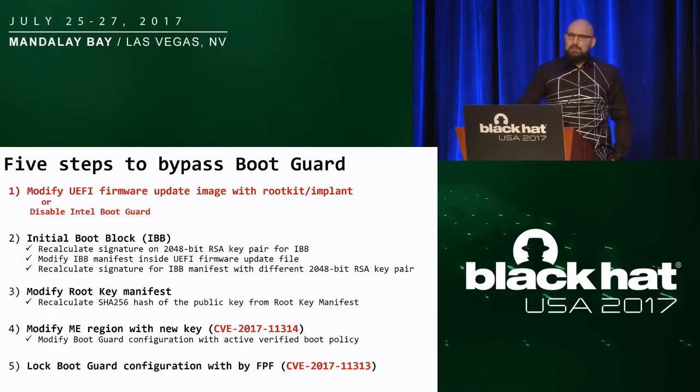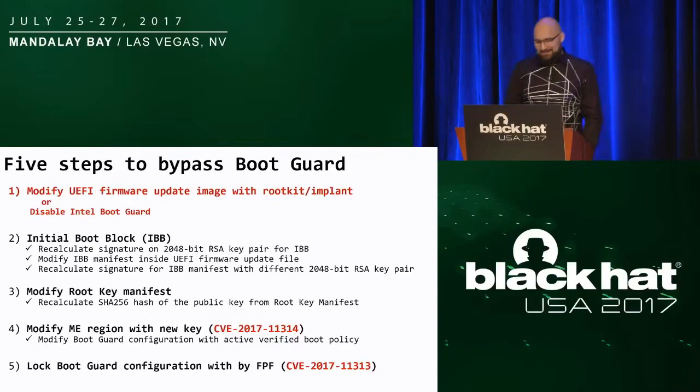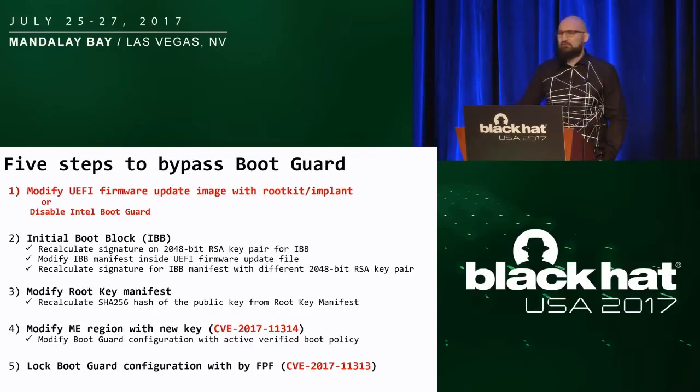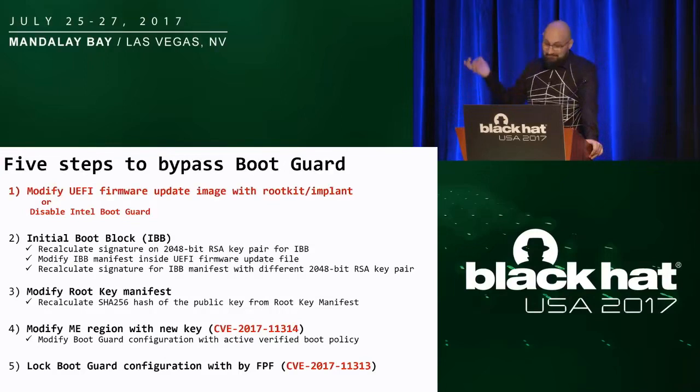We just recalculate the initial boot block, we modify the root key, we don't even need to recalculate all the things. We can just clean up and lock the rootkit with an empty configuration, but it's not fun. We can actually recalculate all the things and make a proper configuration for the malicious POC.